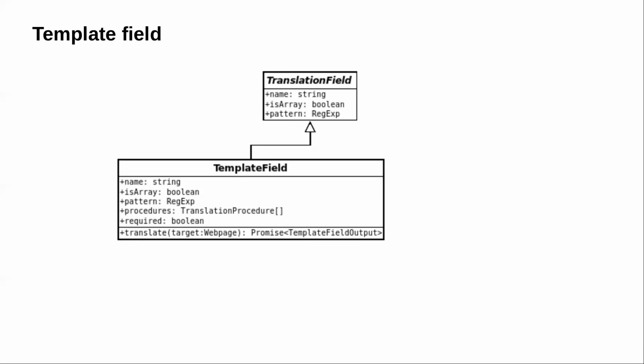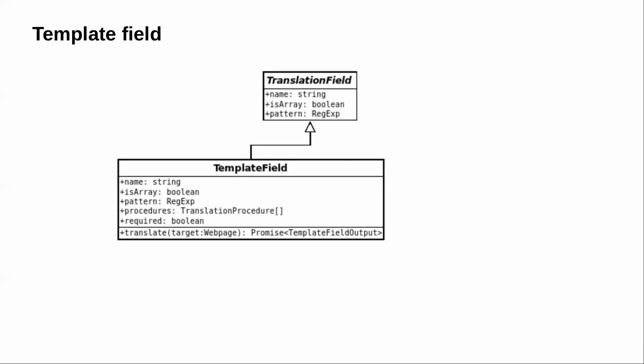Yeah, sure. So let's say, for example, that we have the item type field. In that case, name will be item type. Is array will be false because item type just supports one value. It is either a website or it is a newspaper article. It cannot be both. And pattern, in this case, would be, because we support a specific set of item types, a regular expression of either website, or newspaper article, or journal article, and so on.